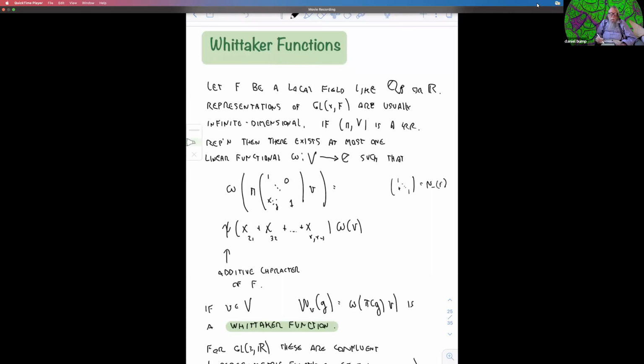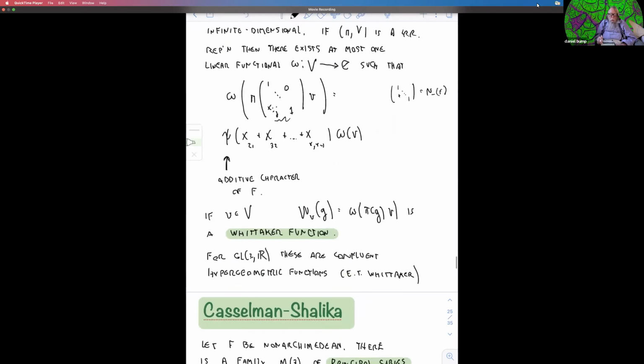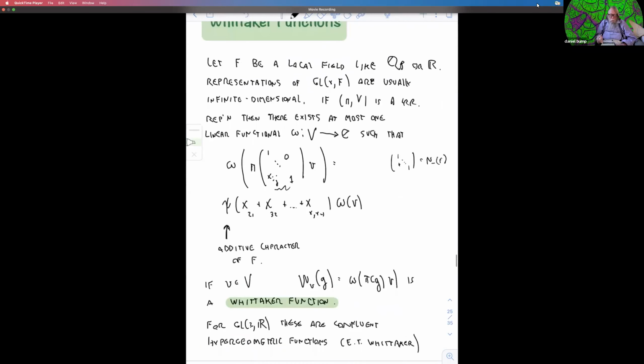then there exists at most one linear functional that has this transformation property. So I'm going to take an additive character of F, and then if I have a lower triangular matrix, I'm going to have a character of that group, and this functional is supposed to transform by that character. This is called a Whittaker functional, and it's unique.